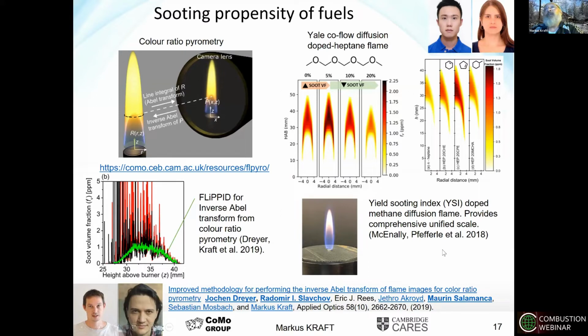And I cannot talk about sooting propensities of different fuels without mentioning the fantastic work that has been done at Yale over more than 2 decades in this area. This is just a pointer. I don't want to say more. I will get into detail later.